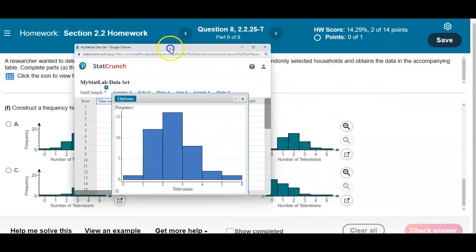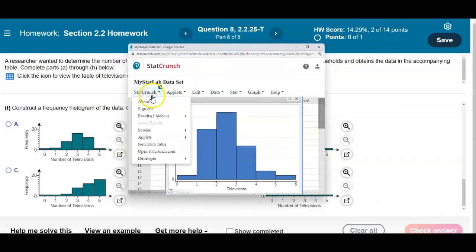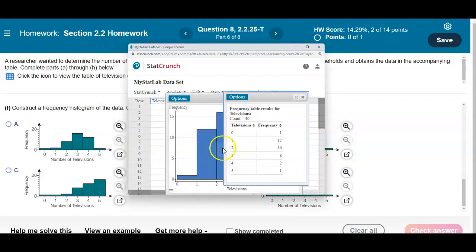Okay, now, there's a couple ways of looking at this. I'm going to go back and look at the frequency table. Now, if you notice here, at the 0, we start low, and then at 1 and 2, we go high, and then 3, it's a little lower, and then it tapers down again from 4 and 5. So we don't necessarily need to make a histogram, but making a histogram is going to allow us to see what's going on.